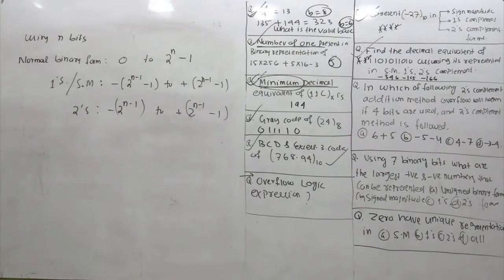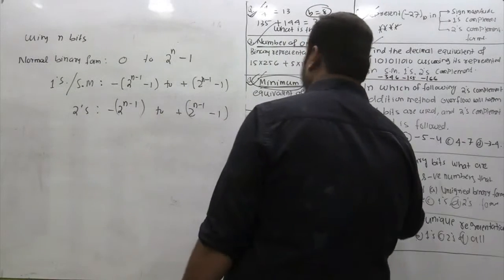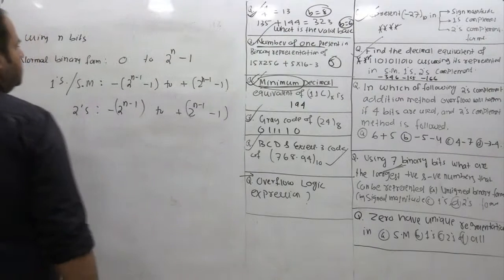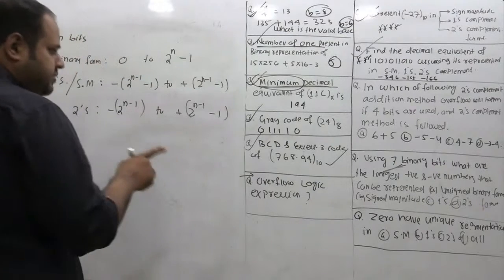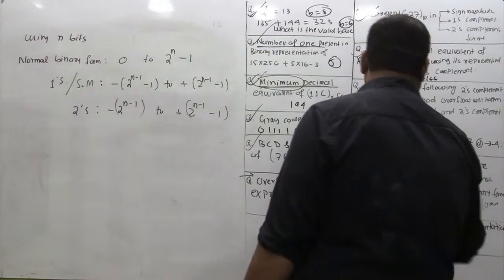There is again logic for how to get the corresponding answers, but these are some of the standard formulas you should practice. Because here I have given 7 binary bits, n equals 7, you can substitute 7 and get the answers. So this is the largest positive. The question is, using 7 binary bits, what are the largest positive and negative numbers that can be represented?